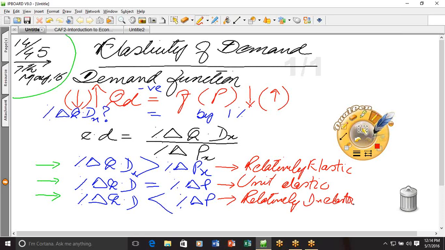There are three possibilities. बस आपने ये याद रखना है, if the percentage change in demand is more than percentage change in price, then relatively elastic. If both changes are equal, then unit elastic. If the change in quantity demand is less than change in price, then it would be known as relatively inelastic.